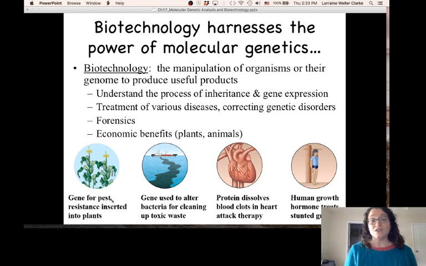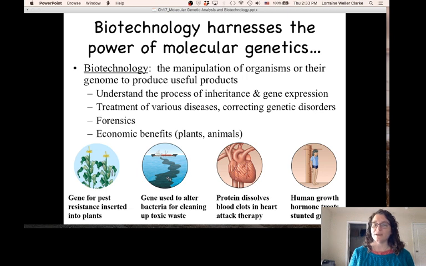So then we have a gene used to alter bacteria for cleaning up toxic waste. This is a good one. If you guys are old enough to remember the BP oil spill, you were younger, but the BP oil spill was a big deal. It dumped tons and tons of oil into the Gulf, and it was very difficult to clean up.